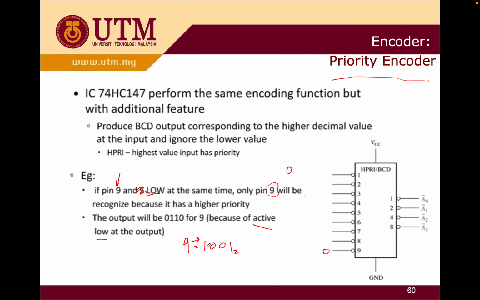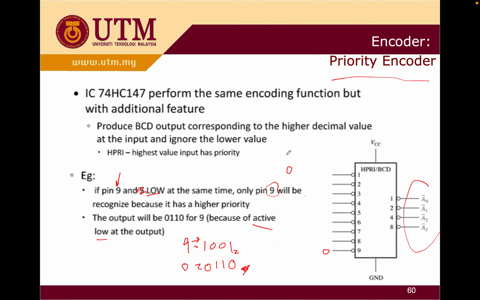If you are using active low, where there is a bubble here, your 9 will also be low, and all the input and output here will also be converted to 0, 1, 1, 0. So that is your output.